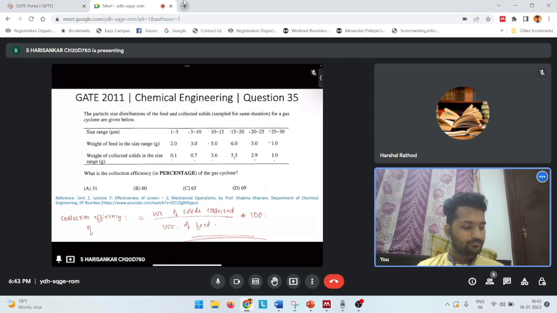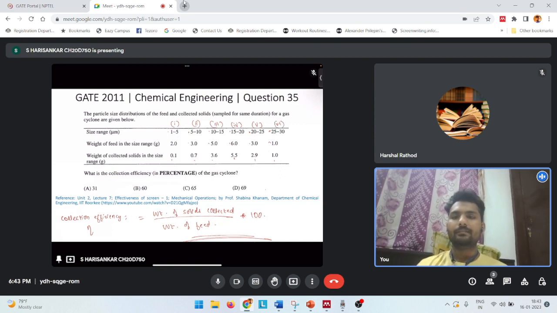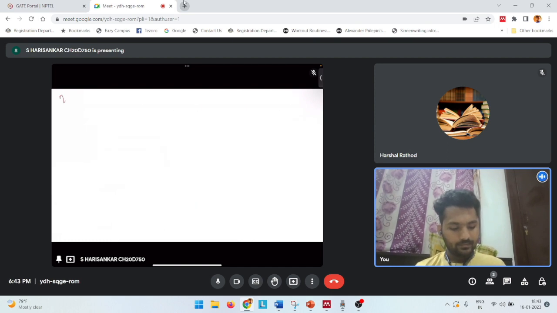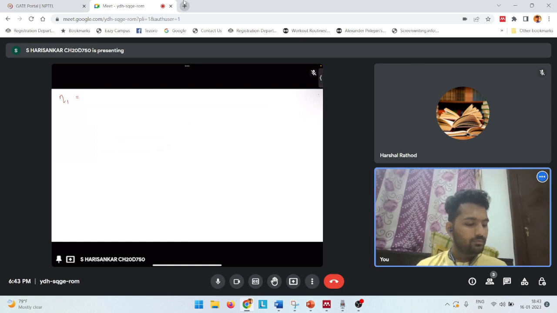So let us take the size range as range 1, and let the others be range 2, 3, 4, 5, and 6. The collection efficiency in size range 1 will be eta 1, and that is equal to weight of the solids collected in this range.